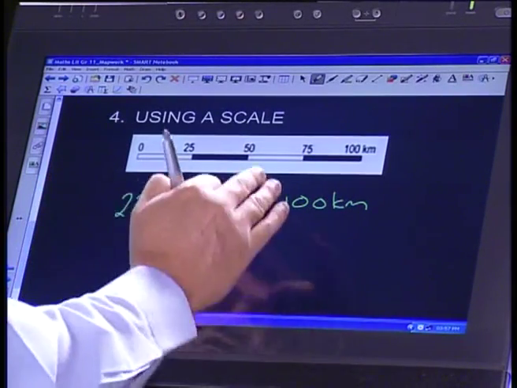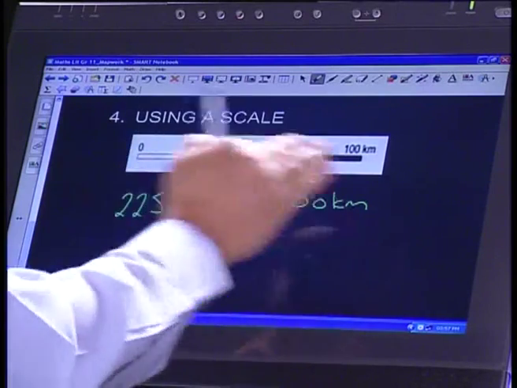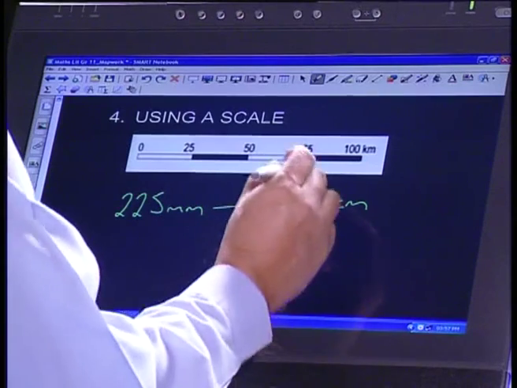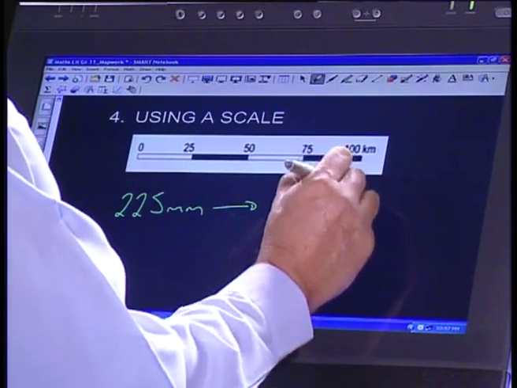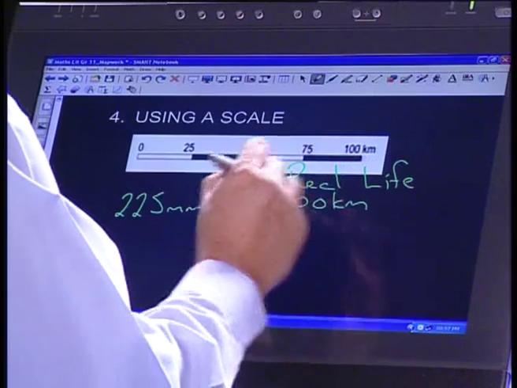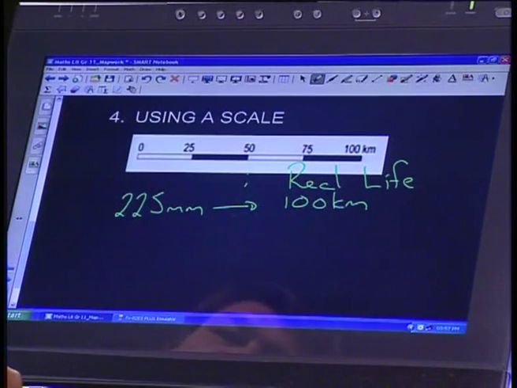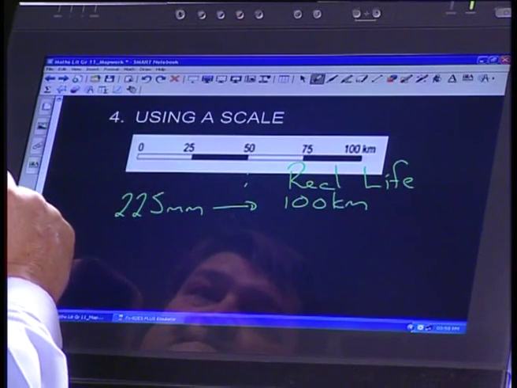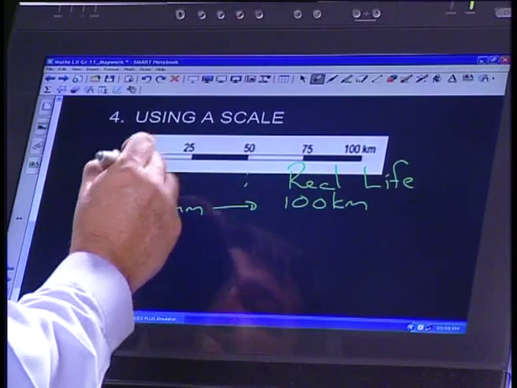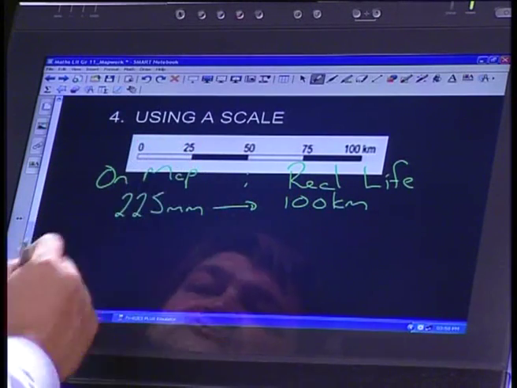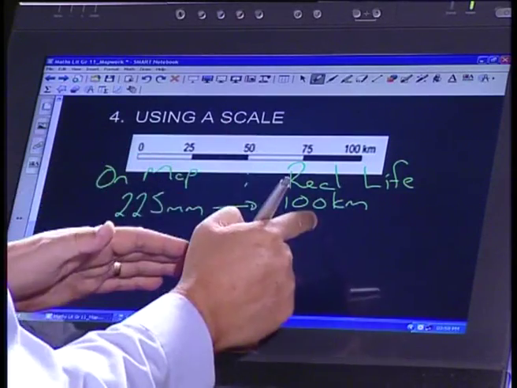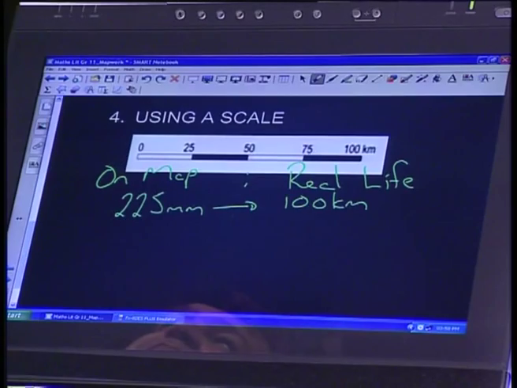Now, we know that the 100 kilometers is not actually on the map. So this 100 kilometers is real life. This 225 millimeters is what is on the map. So 225 millimeters on the map represents 100 kilometers in real life.